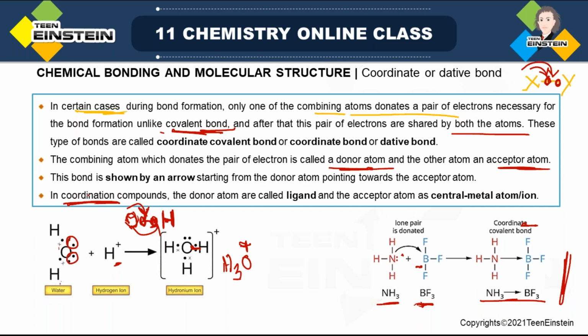So we call this type of compounds of d block elements coordination compounds, where the donor atom we call the ligand, and the acceptor atom we call the central metal atom or ion. If the central metal is neutral, you can call it an atom, and if it is carrying a positive charge, then we call it an ion.